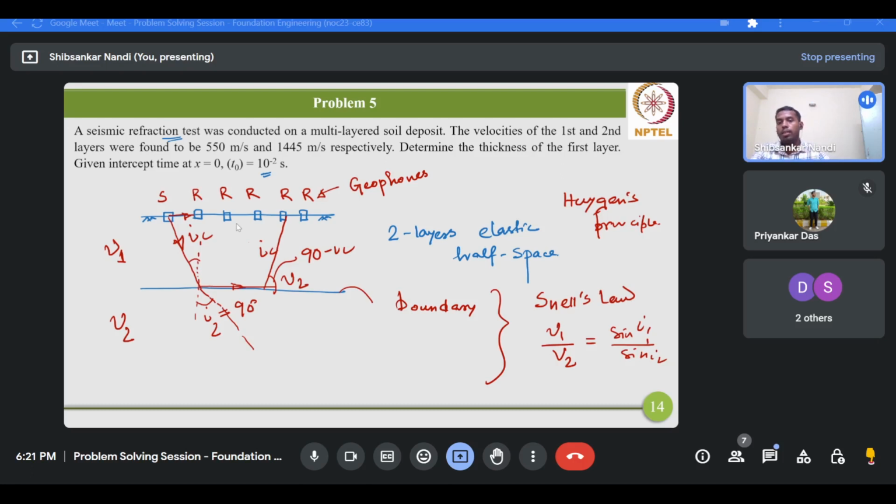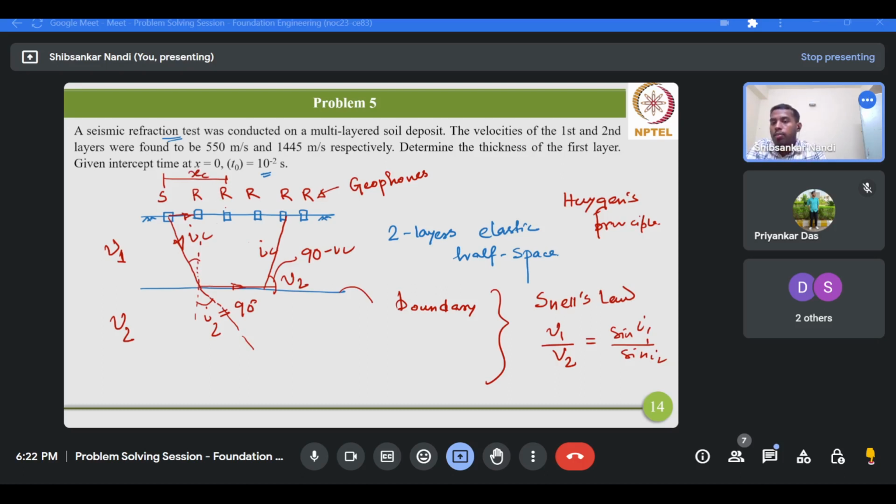Now we'll see when and how the direct wave will arrive first and the critically refracted wave will arrive first. Okay, so if you consider some distance, suppose xc, this is known as the critical distance.